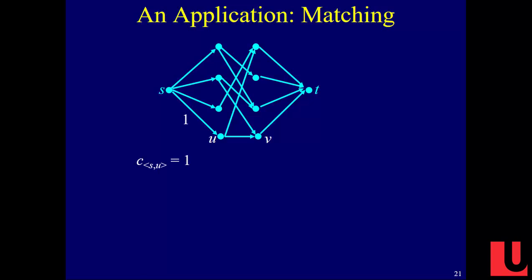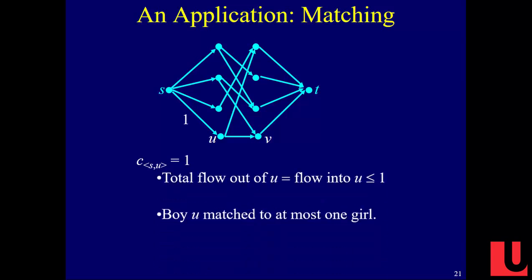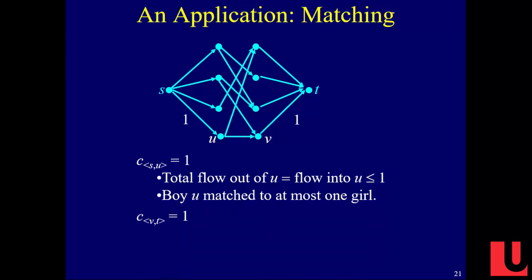The first requirement is that the edge coming to each boy is going to have a capacity of 1, right? So he's going to get a flow of 1 in. So how much can flow out? Only 1, right? So that's how we can restrict that this boy can only marry one girl. Does that make sense? And so similarly, we're going to put a capacity here of 1.